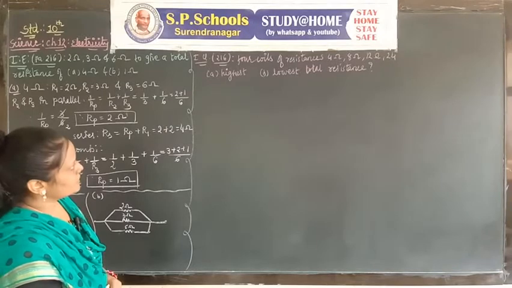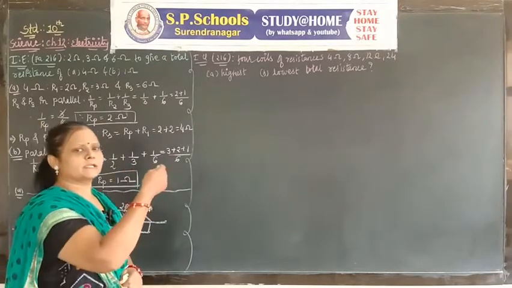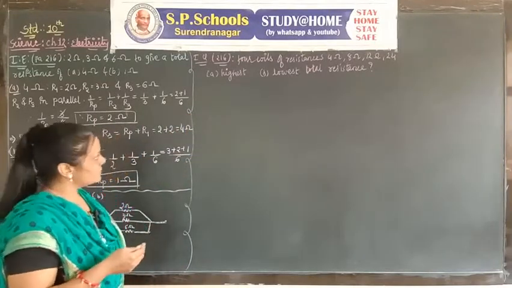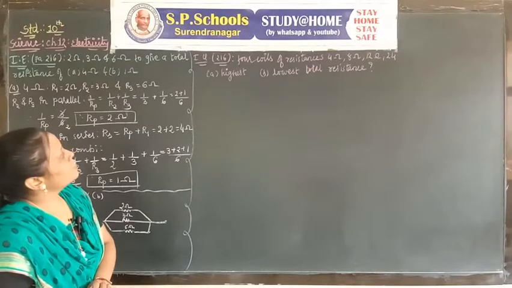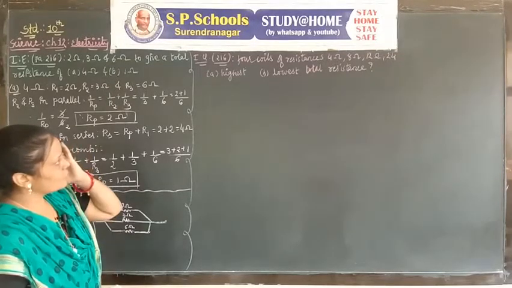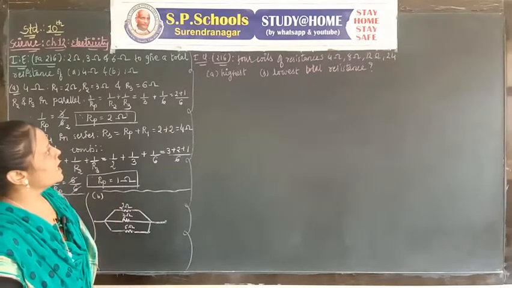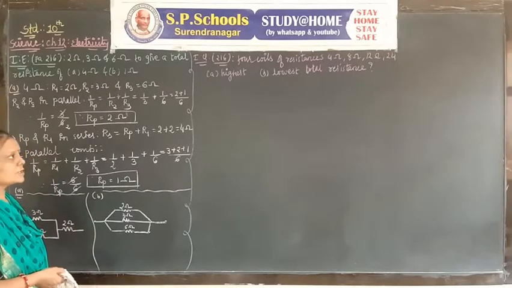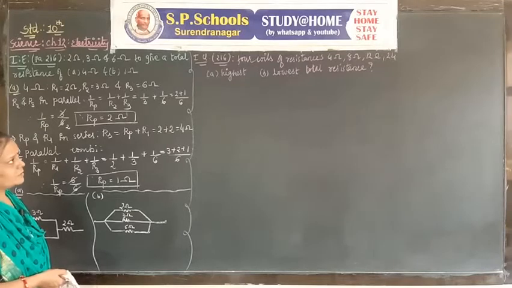Now we go through the next. 4 coils of resistances are given. In the question, what is the highest? This line is written first. But we understand what the question says: 4 coils of resistance 4 ohm, 8 ohm, 12 ohm and 24 ohm are given, which is the total resistance highest and total resistance lowest.